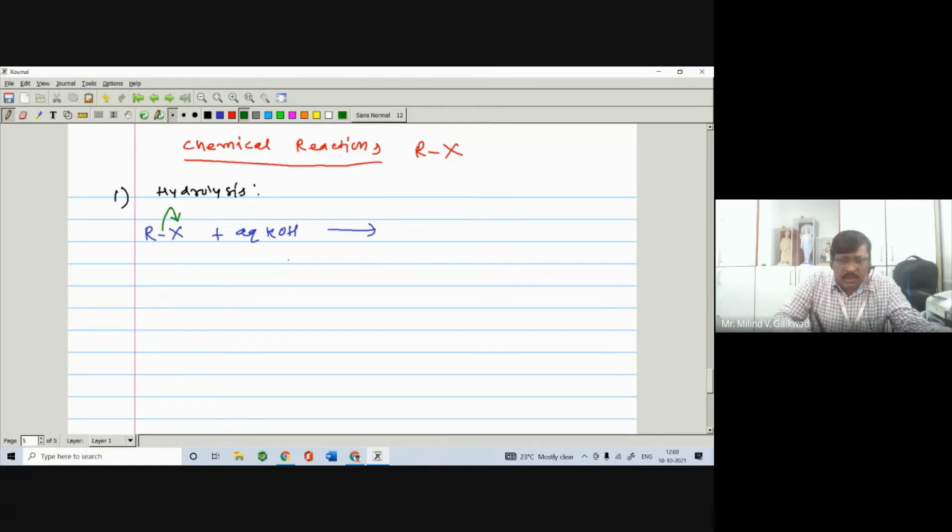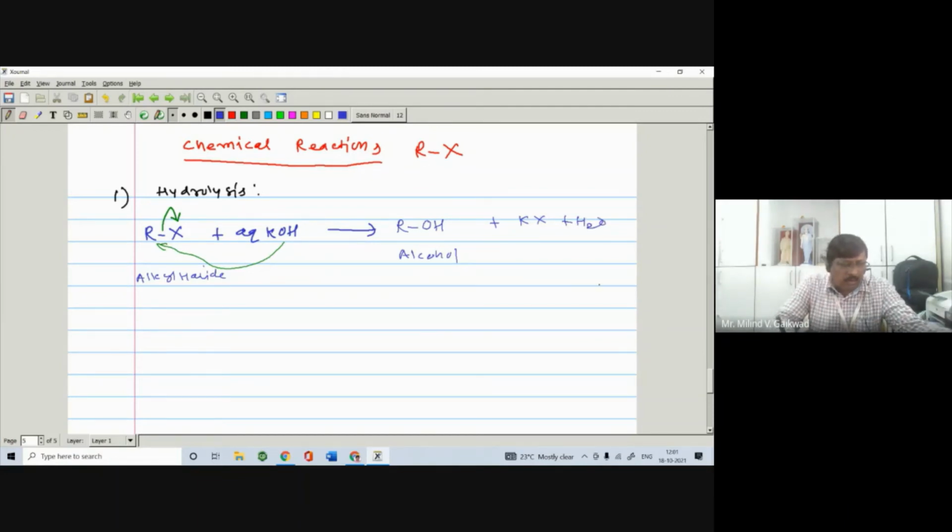So the OH minus will attack the R positive, and you get ROH, alcohol. You are getting alcohol starting from alkyl halide, right? And the byproducts are KX and water, H2O.